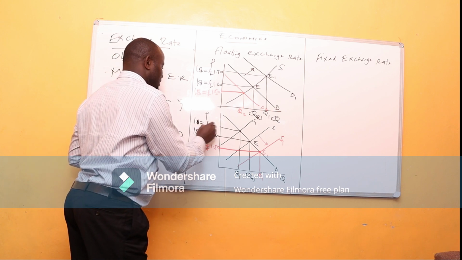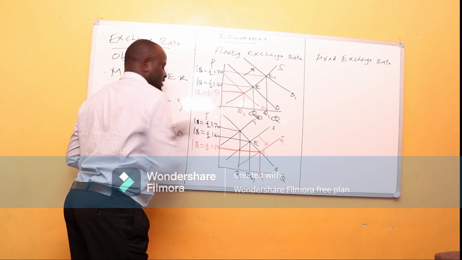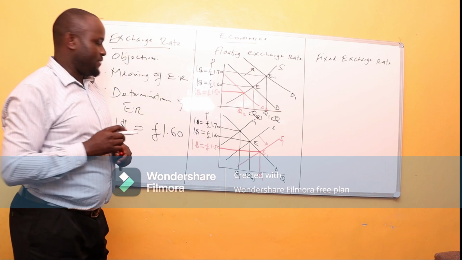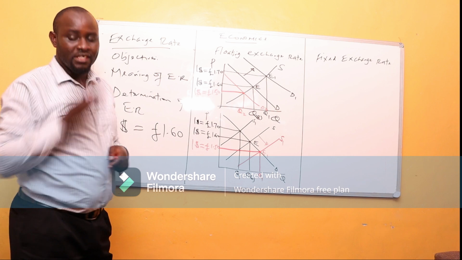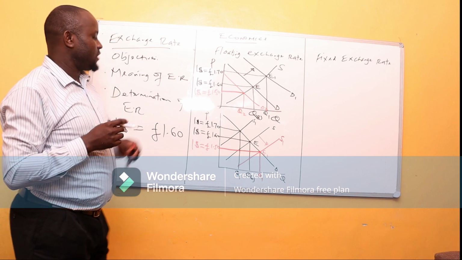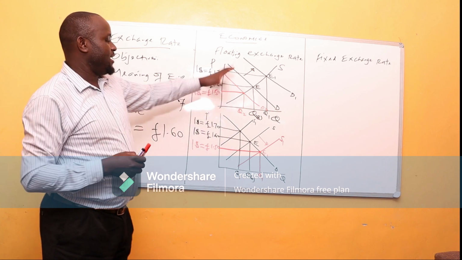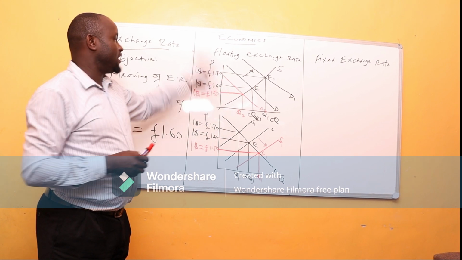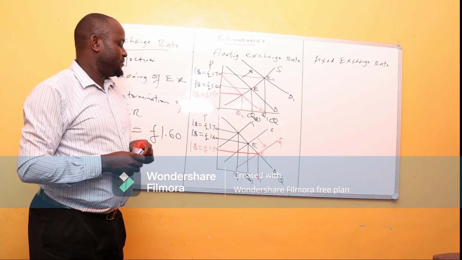That is, a dollar is equivalent to, for instance, let's say 1.70. That is the effect of a decrease in the supply of the currency. So the forces of demand and supply freely have determined the floating exchange rate.